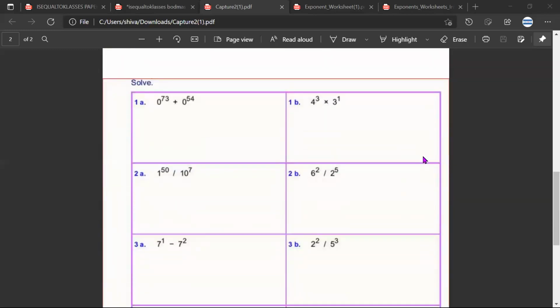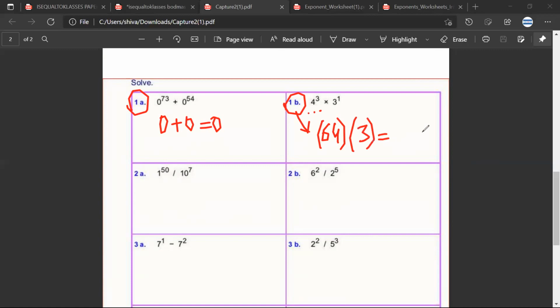Have you done these questions also? Yes, sir. Okay. So what is the first answer? So it will be 0. 0 plus 0 would be 0. Shabash. 1B. 64 into 3.